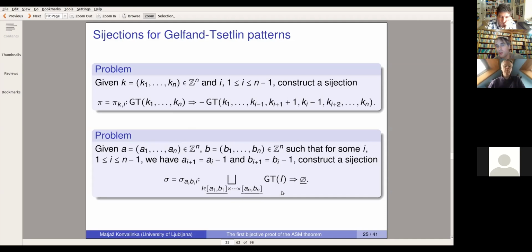Then this disjoint union of GT patterns can be sijected to the empty set. And what's nice about these two problems is that both use induction, and the induction step for problem 1 uses problem 2 and vice versa. So you can kind of construct them at the same time.